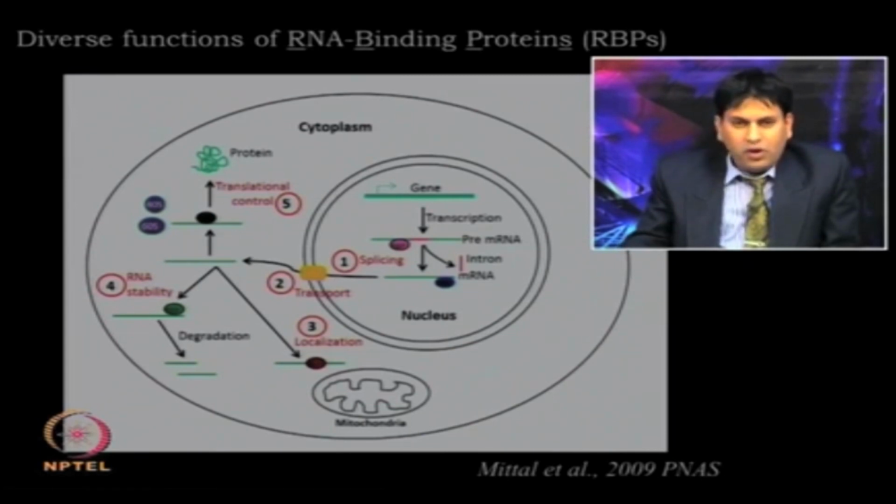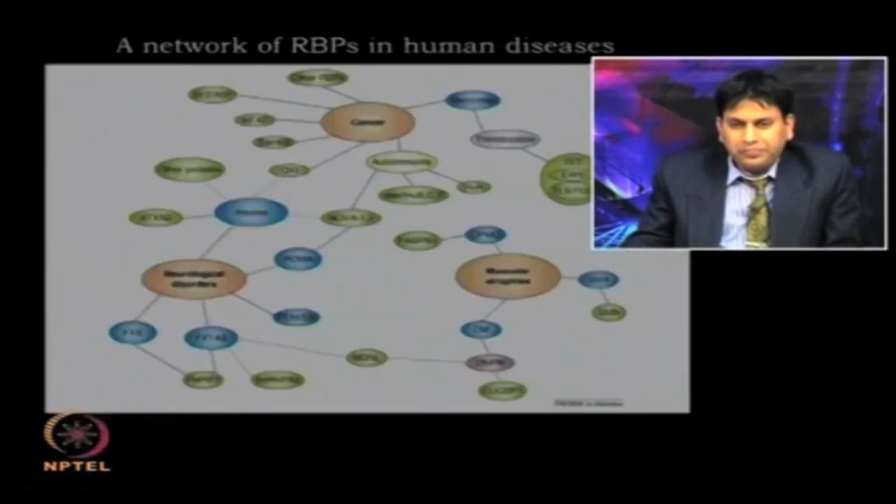RNA binding proteins are documented also in controlling the stability of the transcripts, thereby promoting or degrading the expression of these transcripts. As is expected, a number of RNA binding proteins are associated with the ribosomal proteins to control the regulation of expression at the translation level.